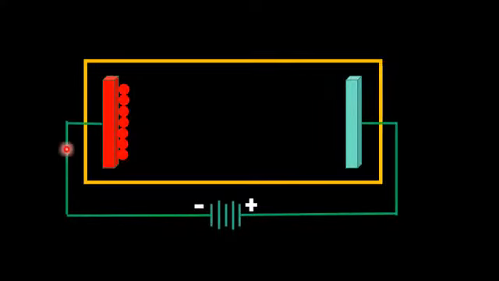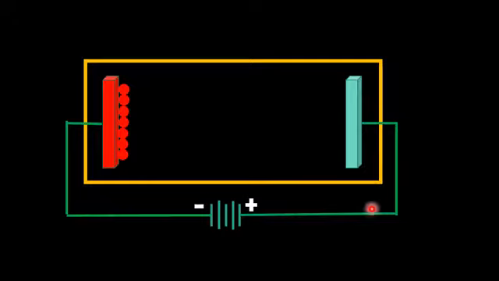The vacuum tube consists of electrodes, a cathode as well as an anode. The cathode is made of a material which is basically a metal, and it is connected with the negative terminal of the potential source, whereas the anode is connected with the positive terminal.